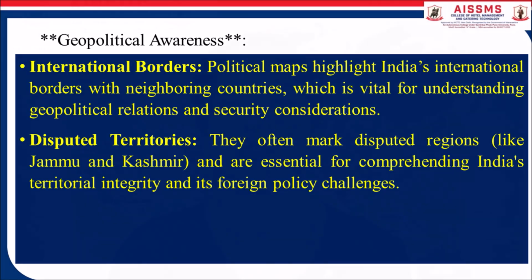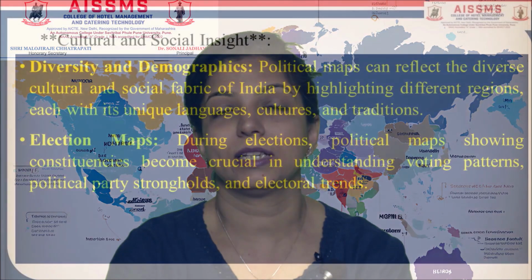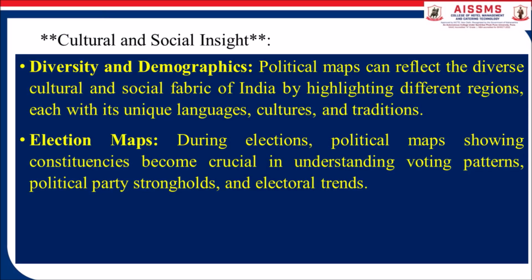To give you an example, such as Jammu and Kashmir, and these are essential for comprehending India's territorial integrity and foreign policy challenges. Now, the next highlight of the political map is the cultural and the social insight. Diversity and demographics. Political maps can reflect the diverse culture and the society of India by highlighting the various regions of India with its unique languages, its cultures and traditions.